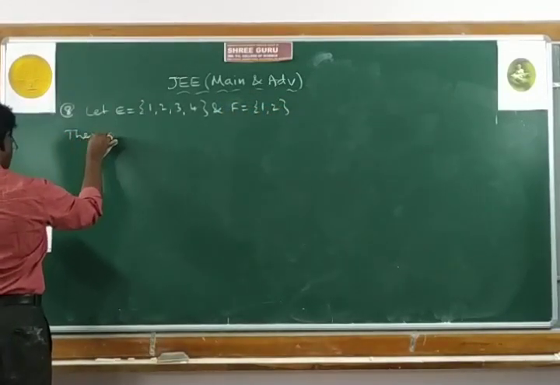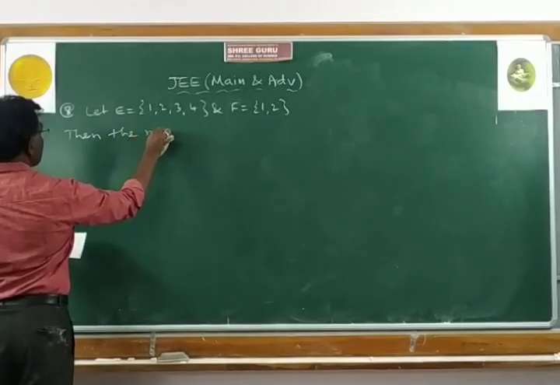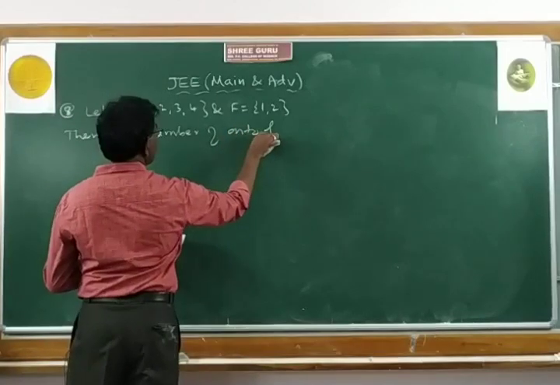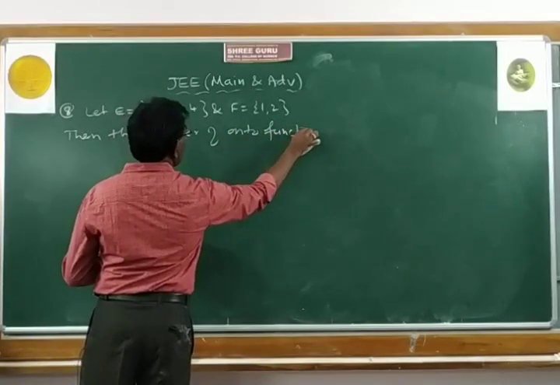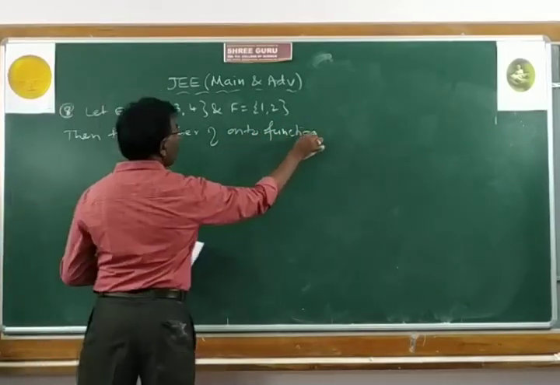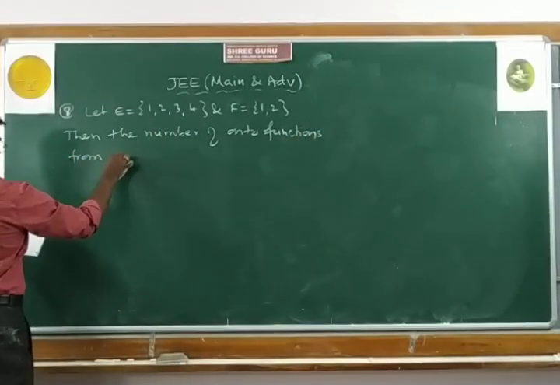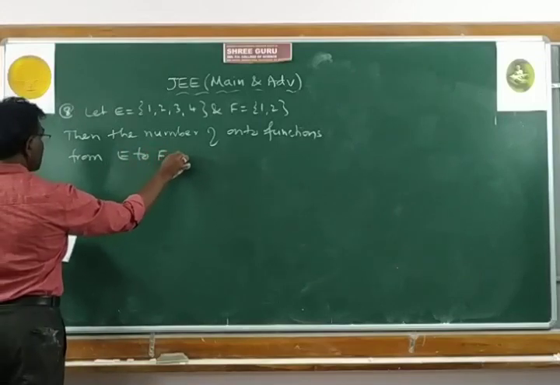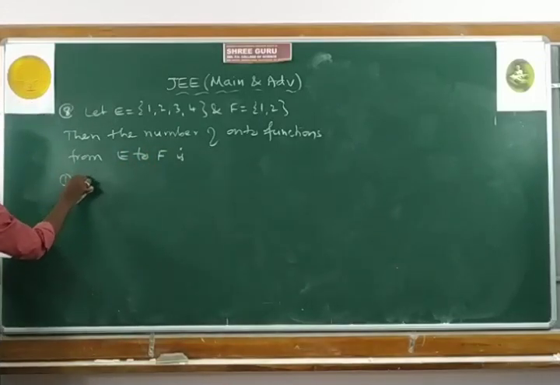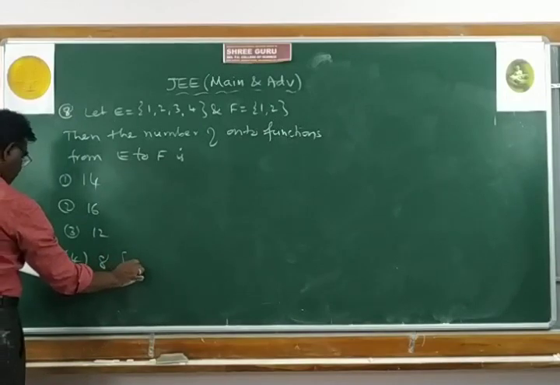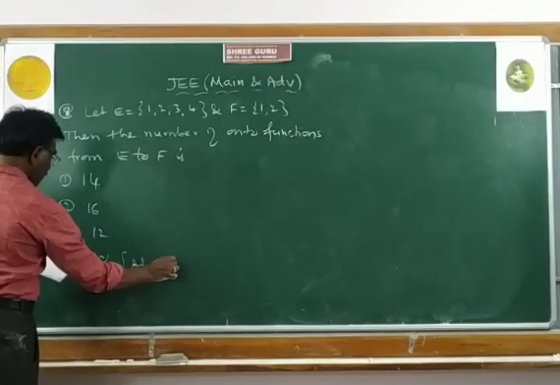Then the number of onto functions from E to F is: option 1, 14; 16; 12; and 8. So this is Advanced 2001 only.